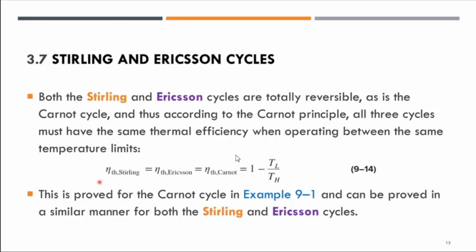This was proved for the Carnot cycle in our earlier example 9.1, where we went through the exercise showing how to prove the thermal efficiency for the Carnot cycle. And we can also prove it in a similar manner for both the Stirling and Ericsson cycles.